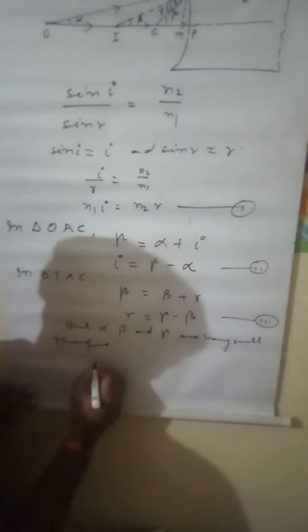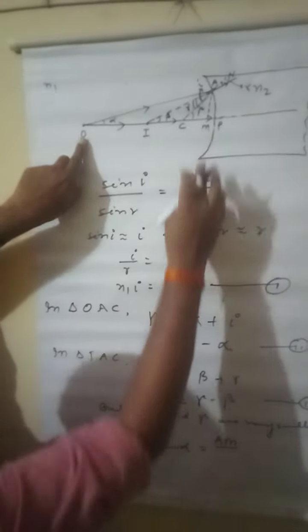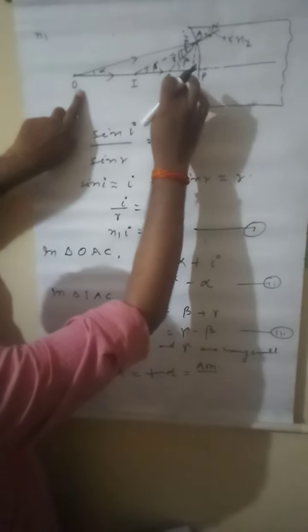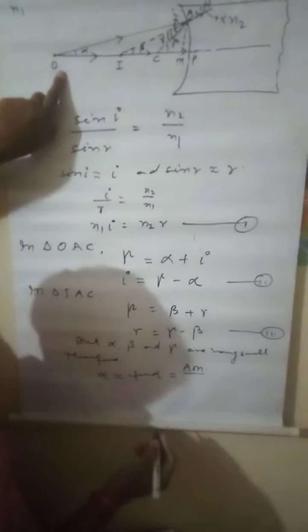That is, alpha is almost equal to tan alpha, and tan alpha may be seen from the diagram as perpendicular by base, that is AM by OM. But point M is coinciding with P, and that's why AM upon OP.